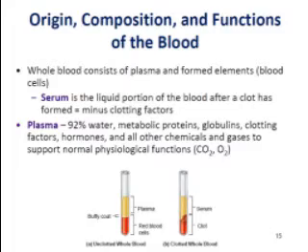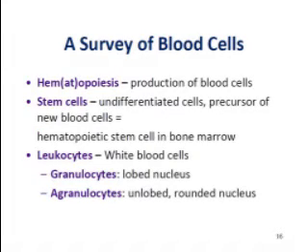So the blood cell production is called either hemopoiesis or hematopoiesis. They use both of those words, and usually what happens is you have blood cells that are undifferentiated. So you have a main stem cell, and that usually sits in the bone marrow. So in your bone marrow are stem cells that are able to produce different types of white blood cells.